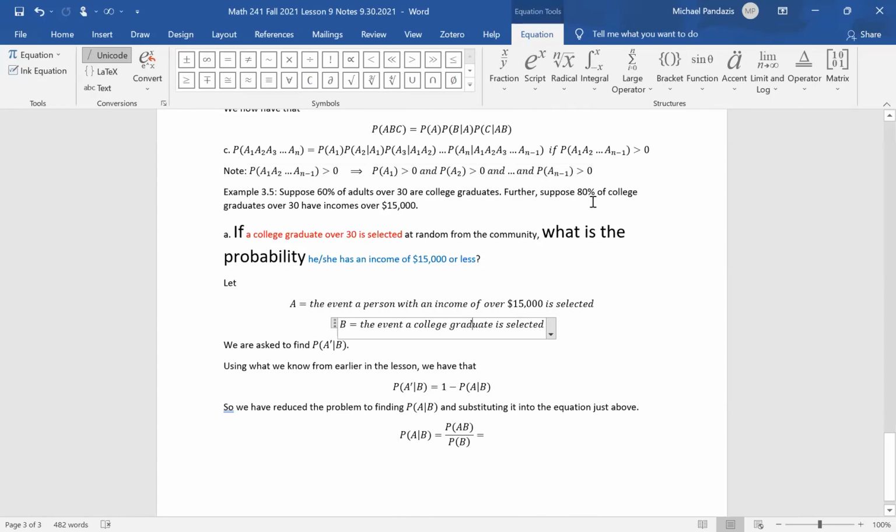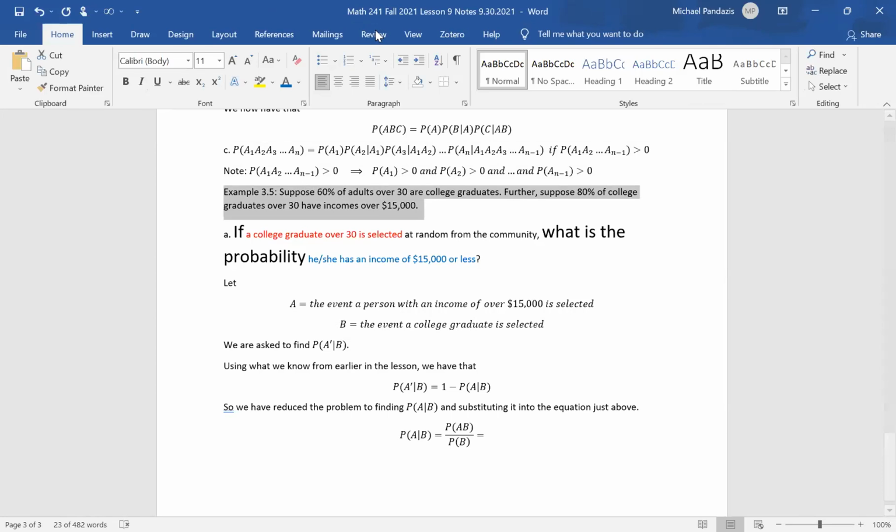You're given all this information here, so let's look at a Venn diagram. If you get stuck, it's good to look at a Venn diagram. Maybe I can copy this and bring it to the Venn diagram. We want to know the probability of A given B.